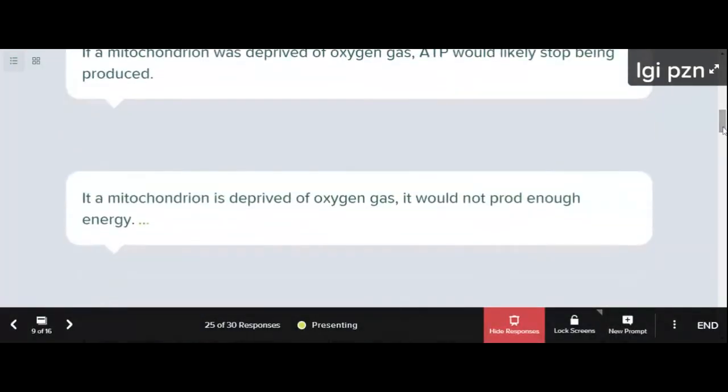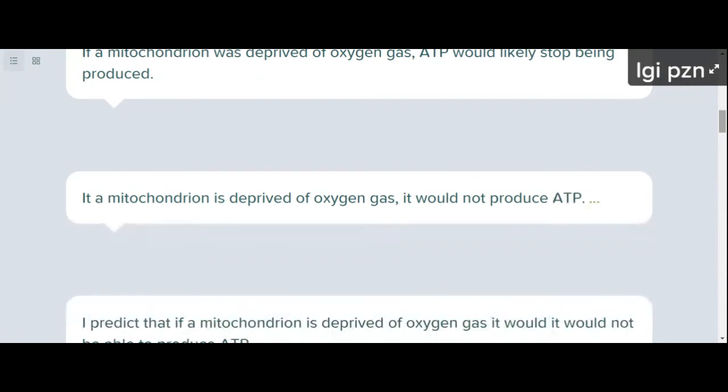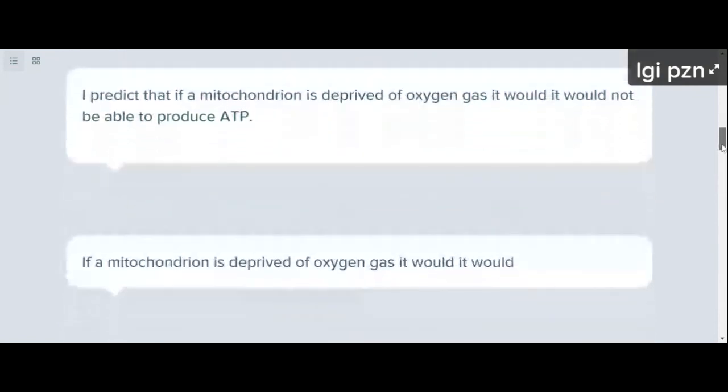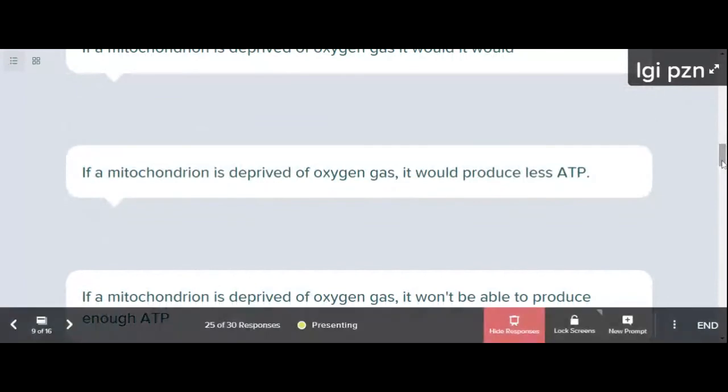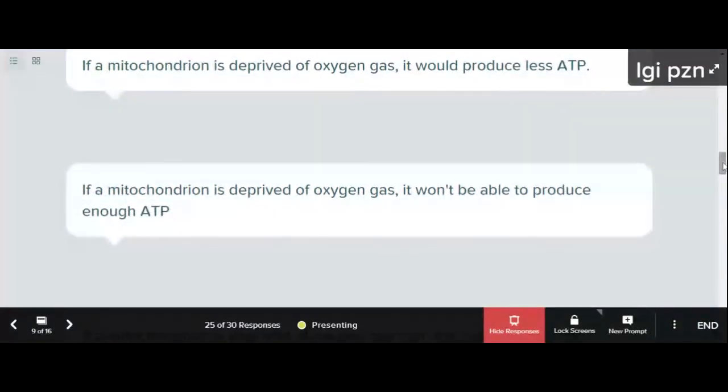You could also say that it would stop breaking down glucose, or it would stop breaking down pyruvate, right? Or you would get less carbon dioxide produced, would also be a valid answer because that's also a product, right? But I think lower production of ATP is probably the safest and best prediction there. That's good.